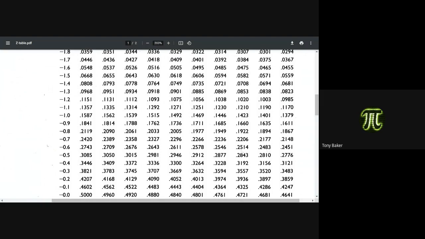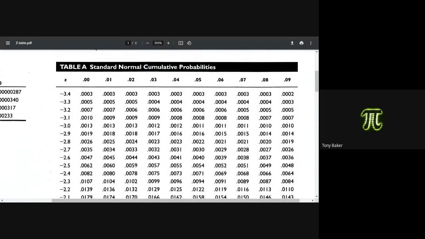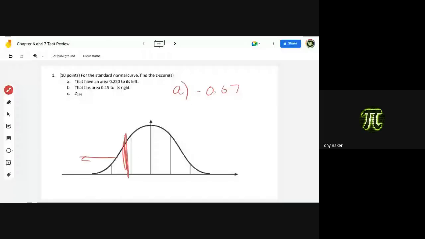The closer one is the 0.2514. So we've got negative 0.6, and then we go up to 7. So A would be negative 0.67.